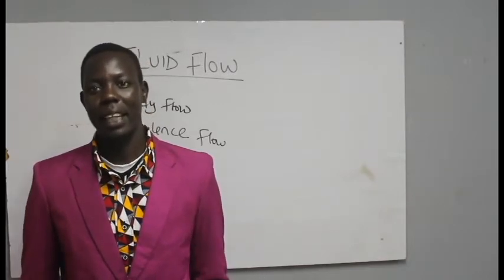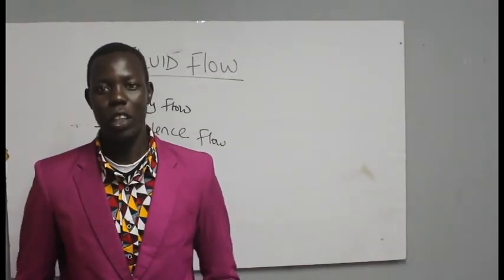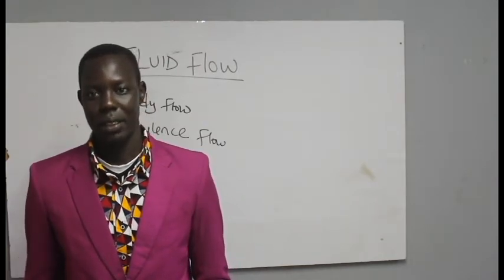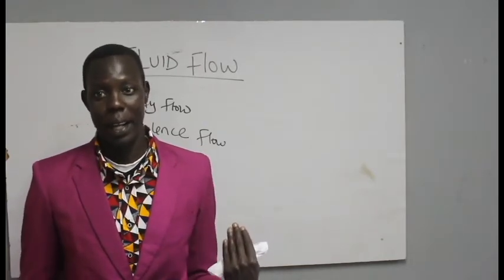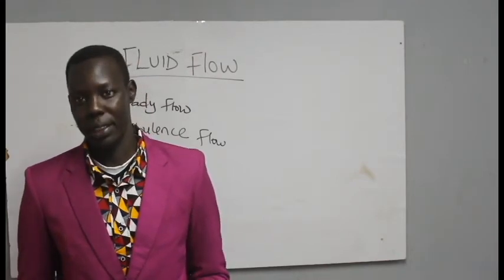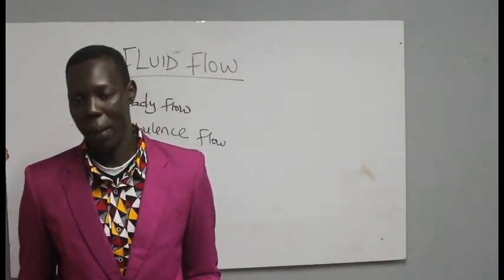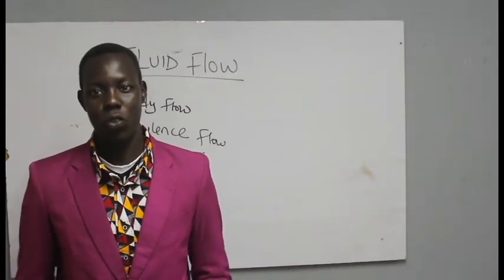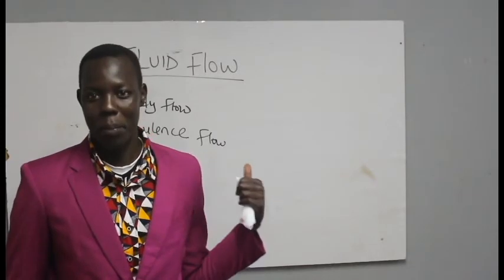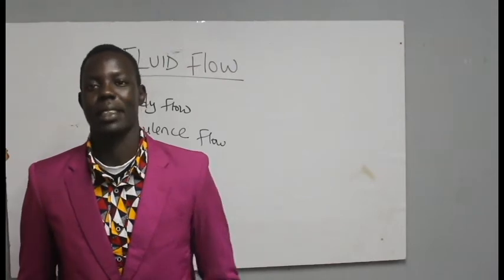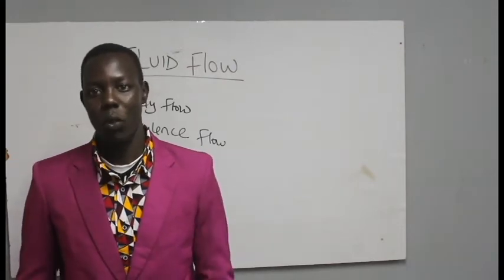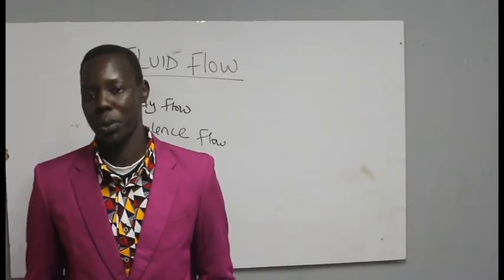In turbulent flow, at any given point, the velocity of the flowing particles and the direction change. This is the kind of flow that produces a lot of noise. So when you see a river producing a lot of noise as the water flows, it is because of the turbulence. The flow is turbulent, so noise has to be produced.